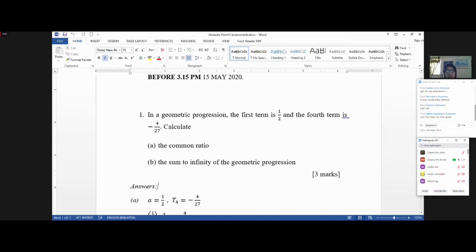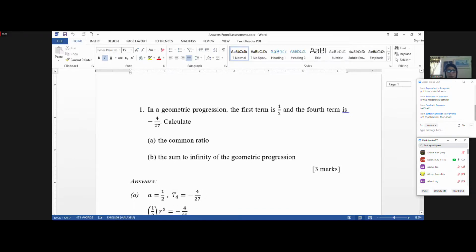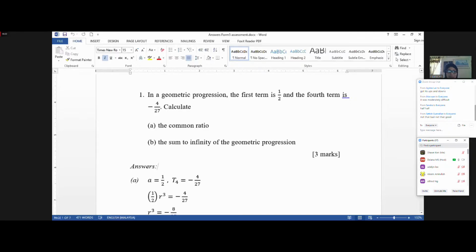You have a GP, the first term is 1/2, the fourth term is -4/27. Make a habit to rewrite whatever is given to you. So A, the first term, is half, and the fourth term T4 equals -4/27. Then using the formula of Tn, T4 equals A R to the power of n minus 1.